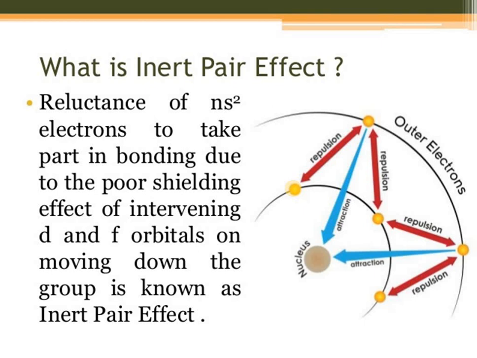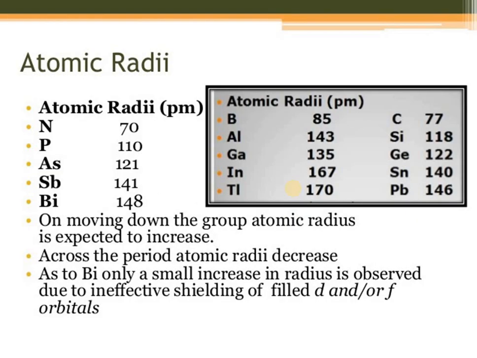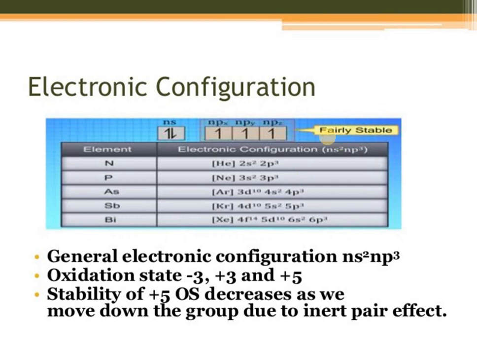So now what is going to happen is, earlier we were having ns2 np3 electrons in the valence shell. Now these two, ns2, which are very close to the nucleus, will not be lost. So the electrons that can be removed are np3. If only the np3 electrons are lost, then the oxidation state will be +3 only, not +5.